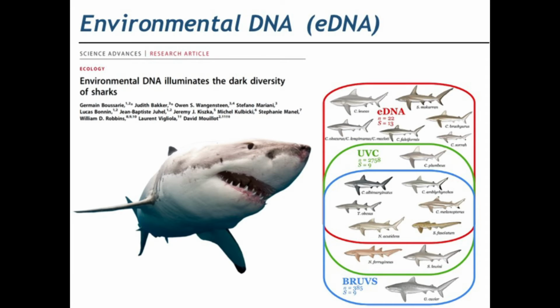And they identified 13 species as opposed to 9 species, even doing only 9 locations. So clearly, 6 species were never detected by the other 2 methods, even after years of inventories.